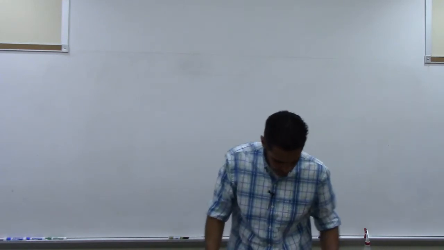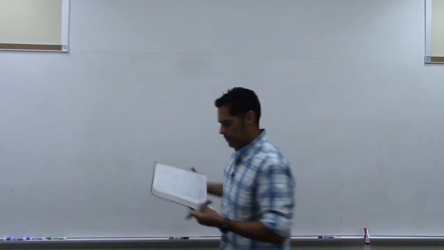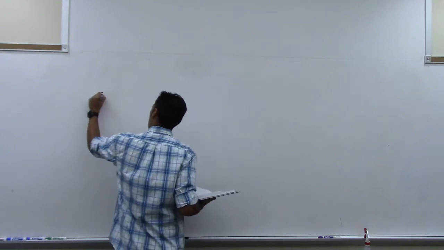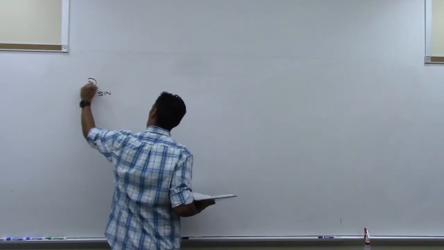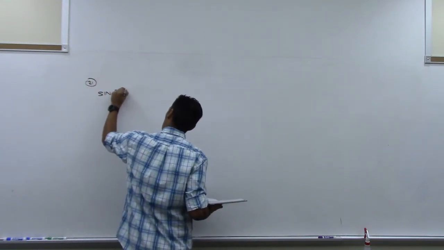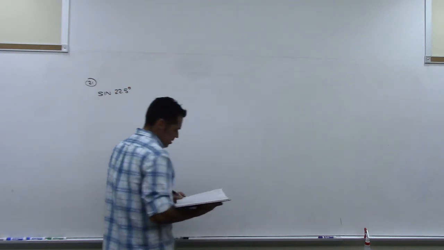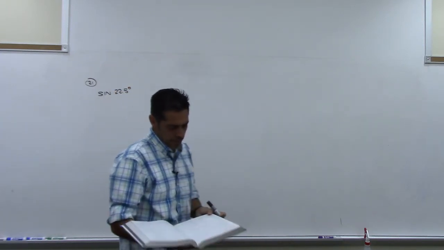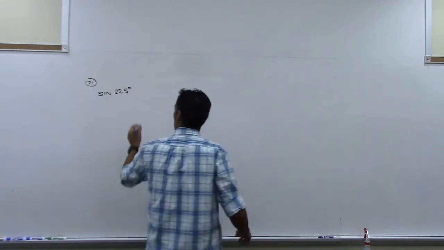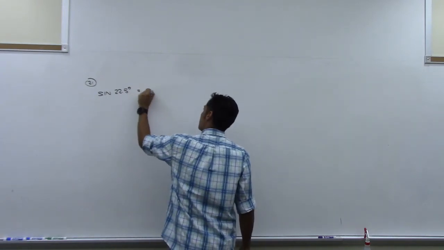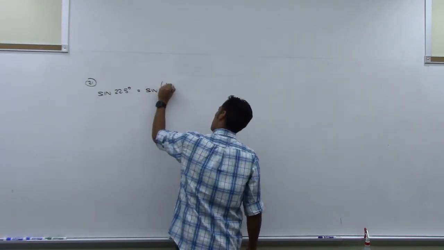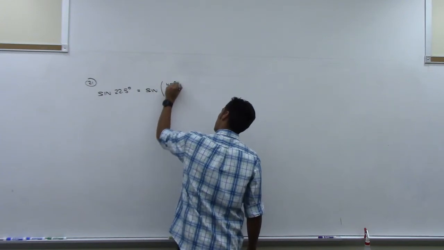Okay, moving on. Number 21, find the exact value of sine of 22.5 degrees. It says use the half angle formula. What we need to realize here is that 22.5 is actually 45 degrees divided by 2.